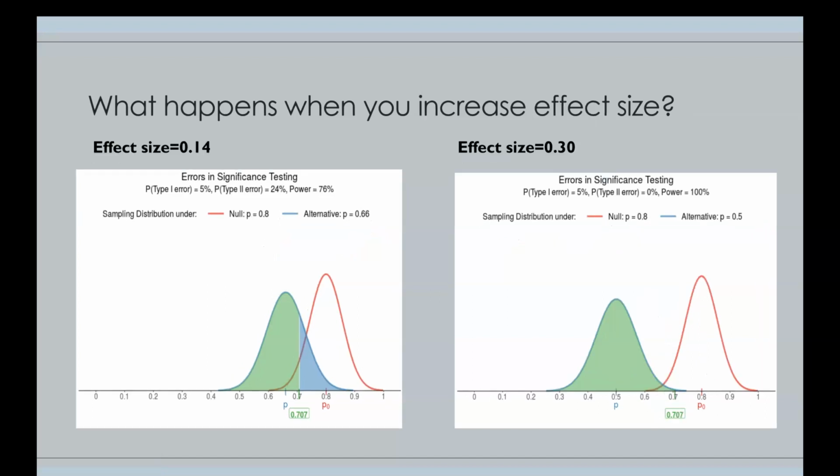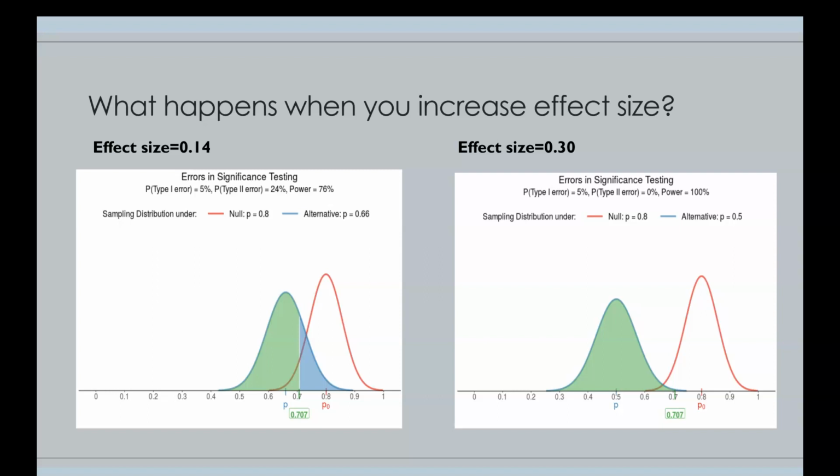So what happens when you increase effect size? The effect size is the number of standard deviations between what you believe the alternative hypothesis is and what the original hypothesis is. So how far apart those two are, how many standard deviations away.